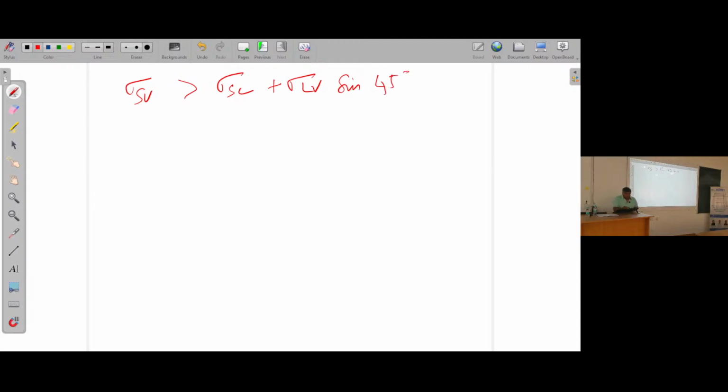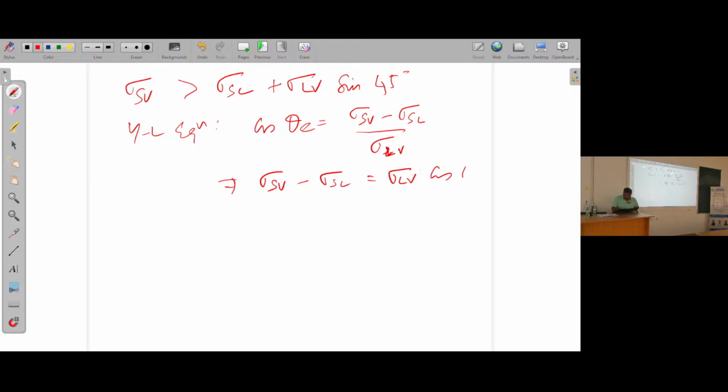And you also know that obviously any liquid, when it is trying to fill, will have its equilibrium contact angle. So if you use the Young-Laplace equation, cos theta E, some equilibrium contact angle, will be sigma SV minus sigma SL divided by sigma LV. So from here you will get sigma SV minus sigma SL equal to sigma LV cos theta E. So I'm going to substitute this here.